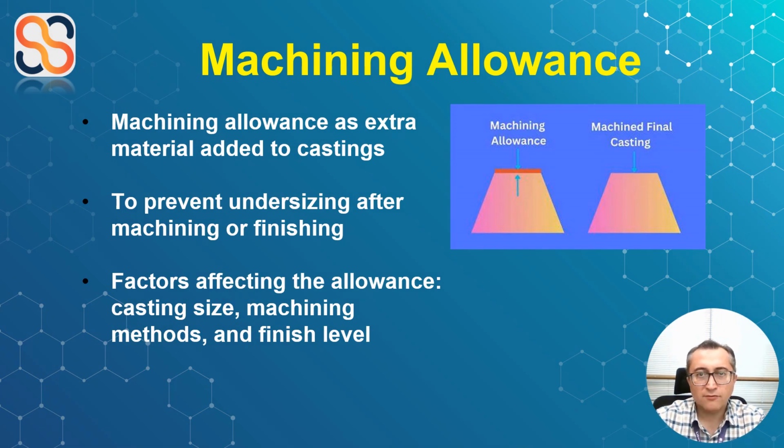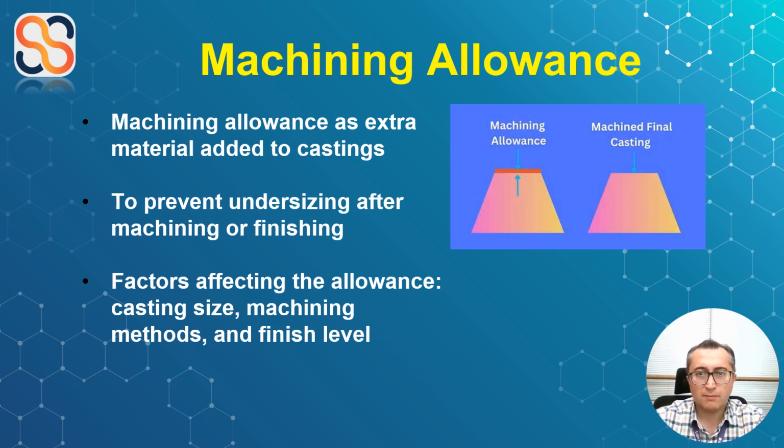In casting, we add what's called a machining allowance to ensure the final part meets its intended dimensions after machining. Since material is removed during the finishing process, without this extra material, the casting could end up undersized.